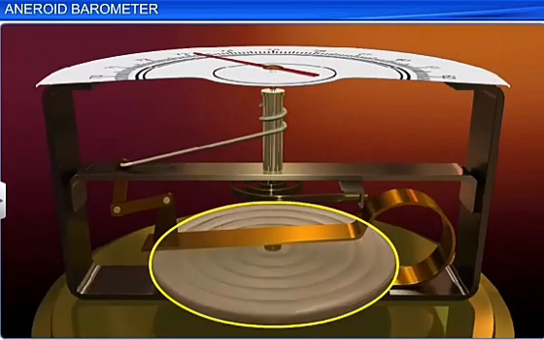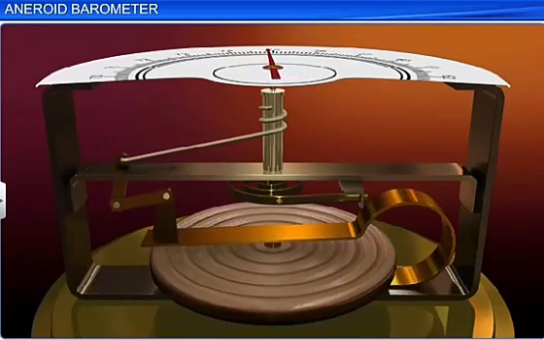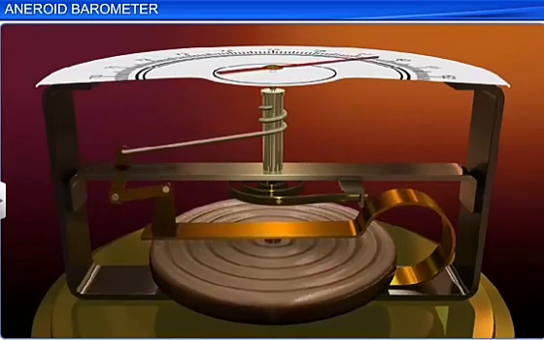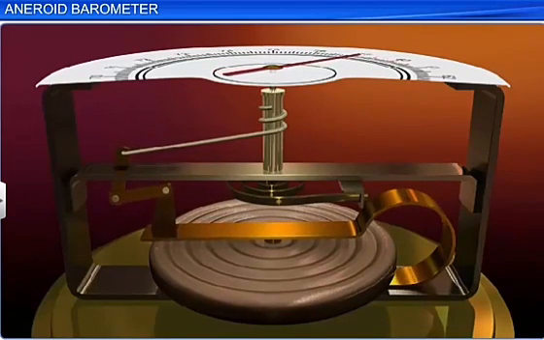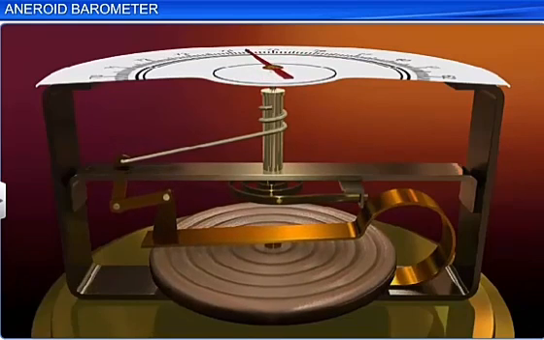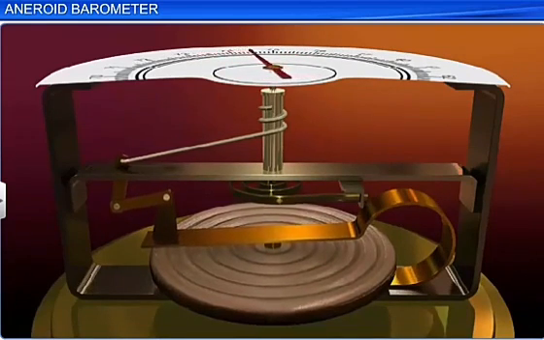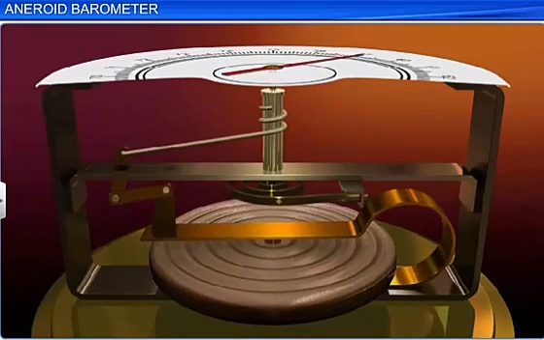Small changes in external air pressure cause the cell to expand or contract. This expansion and contraction drives the levers such that the tiny movements of the diaphragm are amplified and displayed on the face of the aneroid barometer. If the atmospheric pressure increases, it pushes the diaphragm downward.